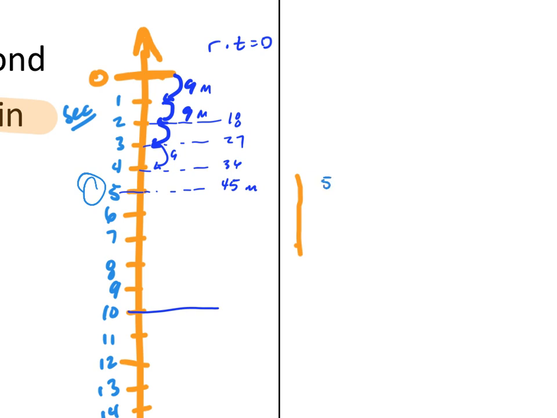Our rate is still always just 9 meters per second, and 9 times 5 is 45. So if we look at 10 seconds, then we'd say our rate is still 9 meters per second. We have 10 seconds. That's going to mean we're at 90 meters.